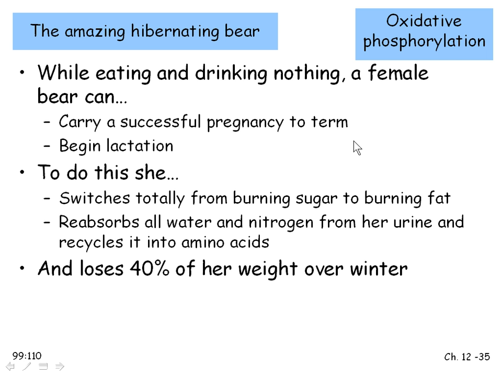And then she can reabsorb the water and nitrogen and recycle it into amino acids from her urine, losing 40% of her body mass over the winter. So this is probably as efficient metabolically as mammals can get. But being highly coupled is certainly one part of it. And I think that is the last slide of this.